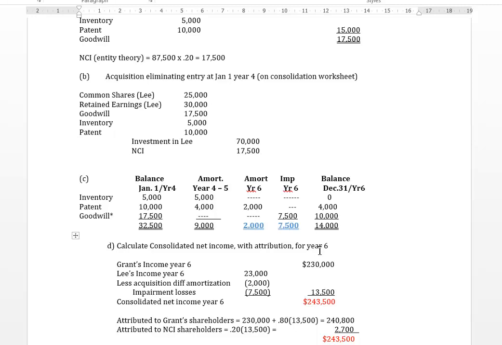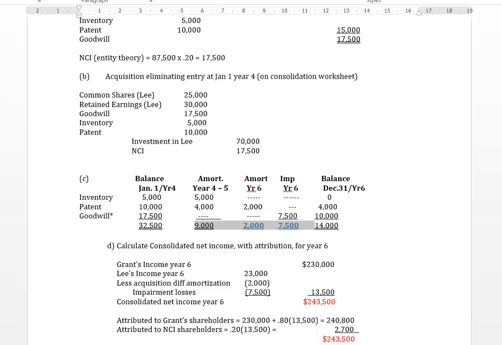All right, and that's going to give us $7,500. We've calculated this. We did this in the first video. So if you add up all these little guys here, that's going to give you the $18,500, which is the amount over time from years 4 to year 6 inclusive that we amortized or had impaired.